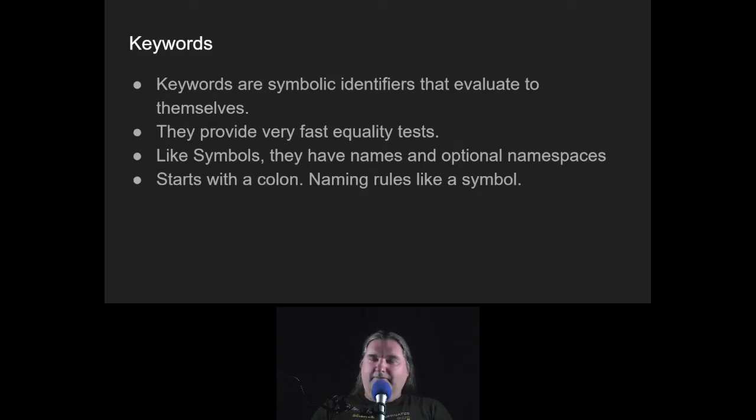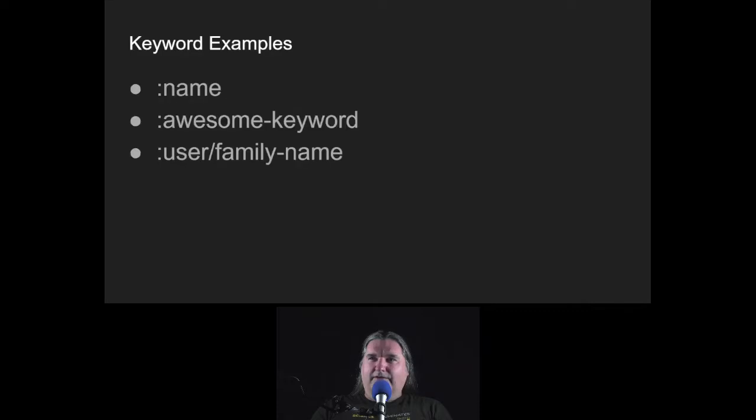But before I do that, let me show some examples of keywords. These are three keywords. The first one is just name. I didn't have a good name for it, so I just called it name. A keyword starts with a colon, and it's just the text. If you want a multi-worded keyword, you can use various different special characters, similar to symbols in other languages.